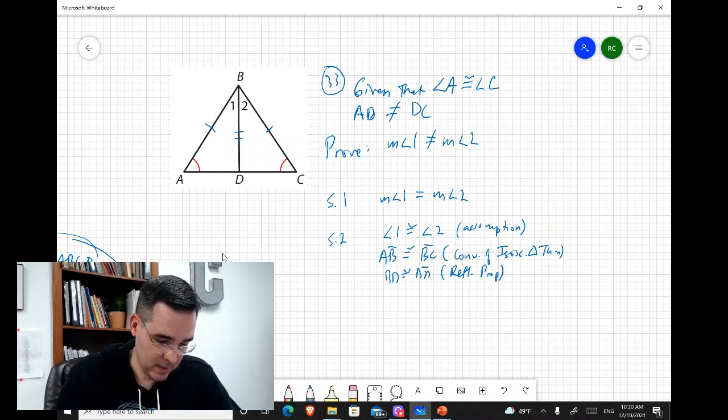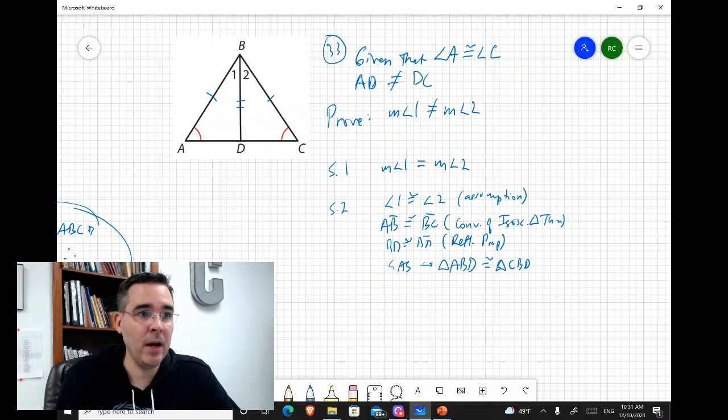So I can say side angle side congruence proves that triangle ABD is congruent to triangle CBD.